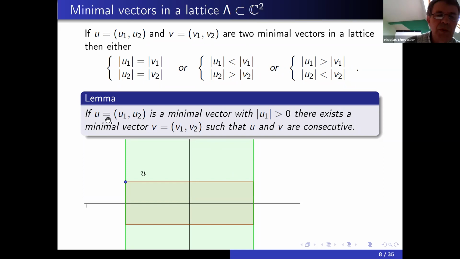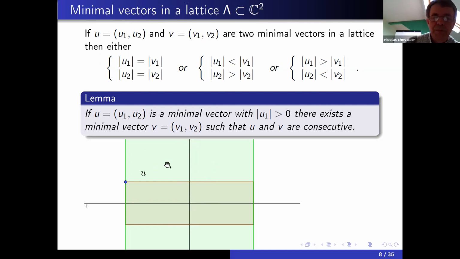Because if you look at u and consider the infinite cylinder defined by the first coordinate of u, the interior of this infinite cylinder, the points such that the modulus of the first coordinate is smaller than the modulus of u1, the green region here, must contain a point of the lattice. Because, for instance, you can use the Minkowski convex body theorem. This region has an infinite volume and is convex and symmetric.